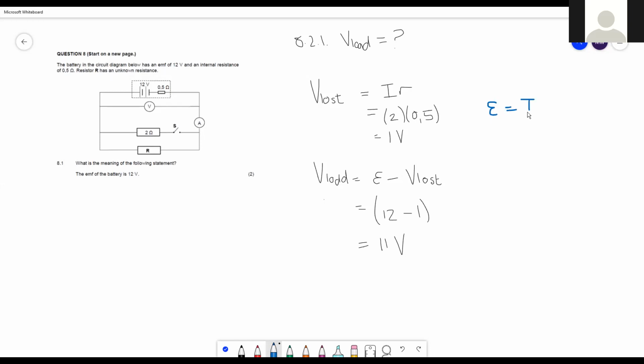EMF is equal to current times overall resistance plus internal resistance. It's probably better to use this formula if you are comfortable with it and you know where all the values come from. I would just multiply it out.